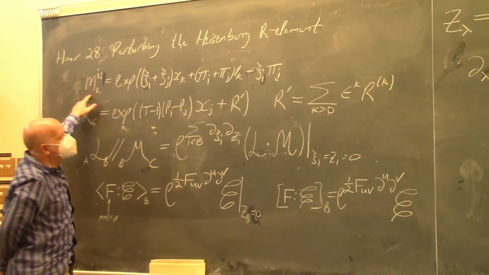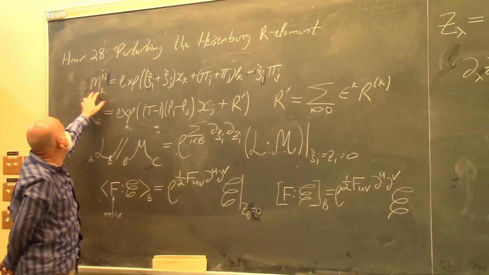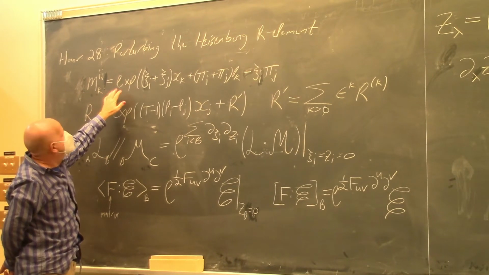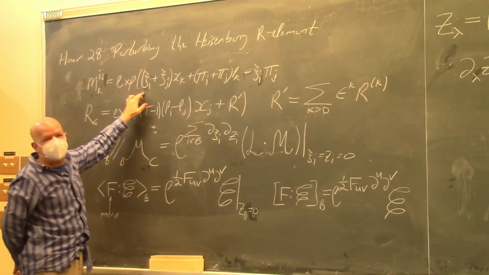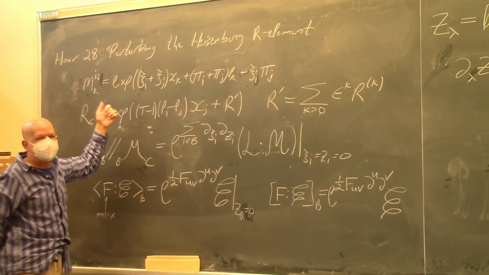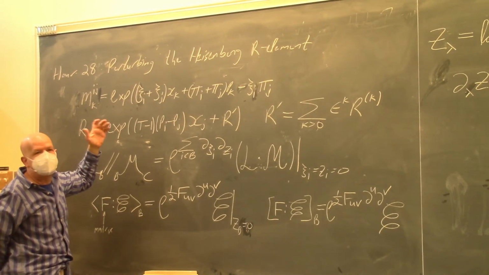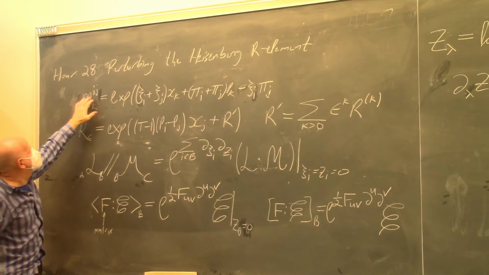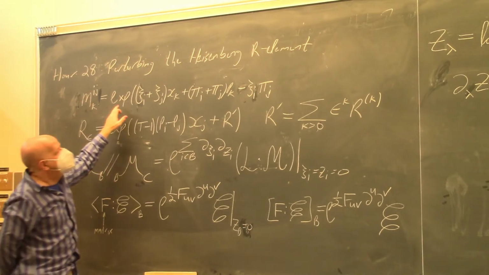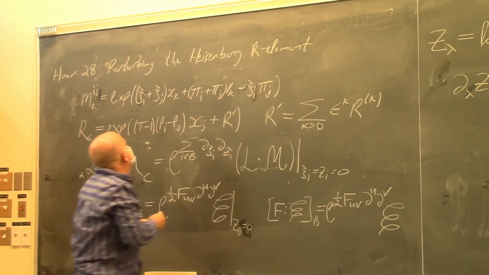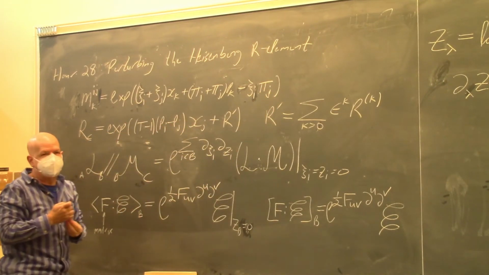And the Heisenberg multiplication, well, really this is the generating function of the multiplication after you've identified the Heisenberg algebra with a polynomial algebra. But I'm making shortcuts and I'm just calling it Mijk. And it's this function. It's the exponential of, well, what's written here.